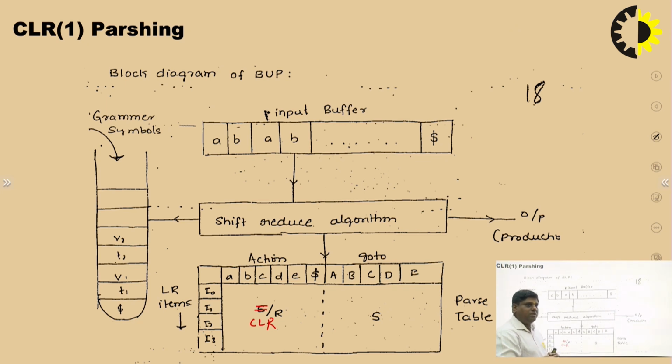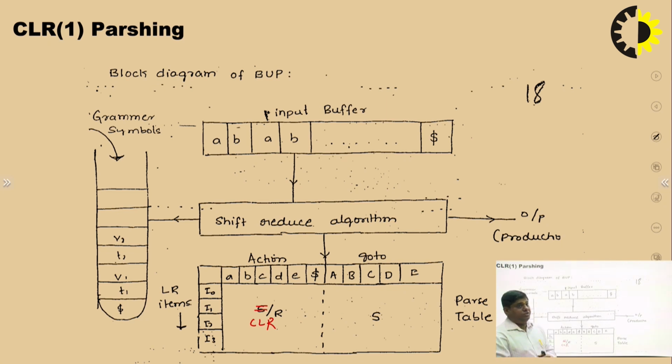Same in CLR parsing, we use the algorithm. With the help of the stack, we construct the CLR parsing table, and with the help of the stack, the algorithm, and the CLR parsing table, we generate the final outcome. This is the basic structure of the CLR(1) parsing algorithm.